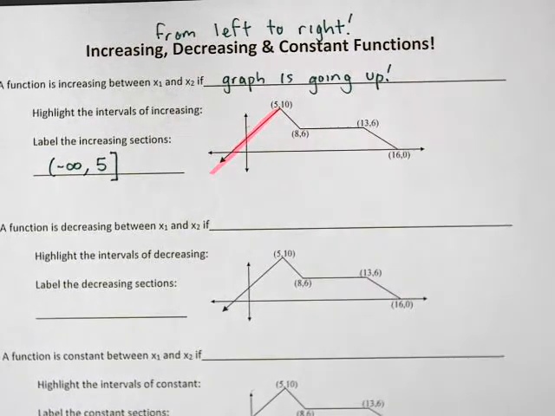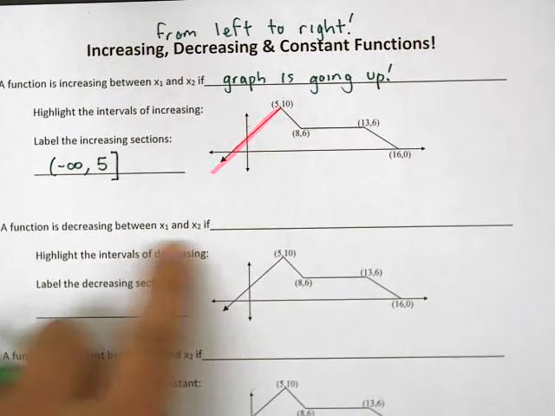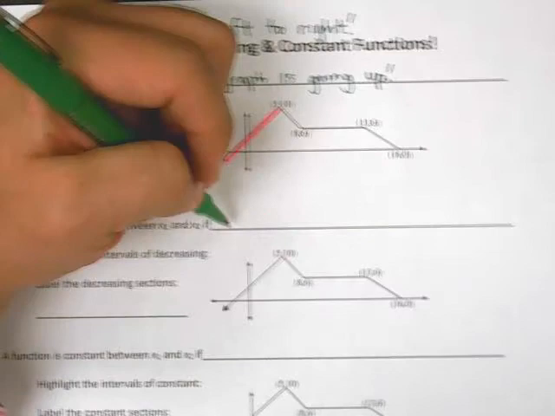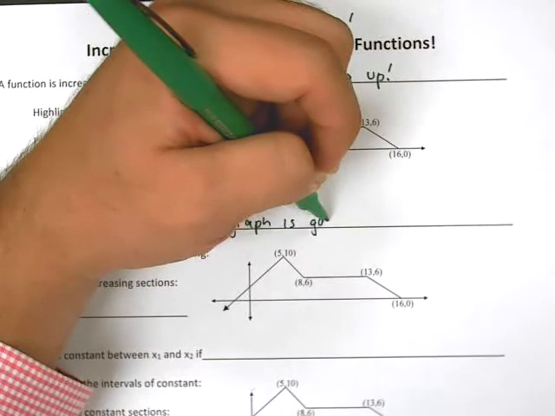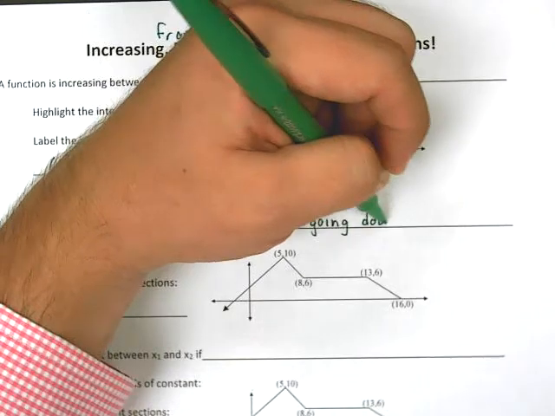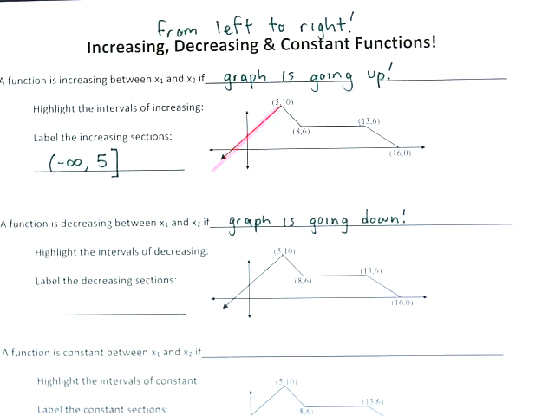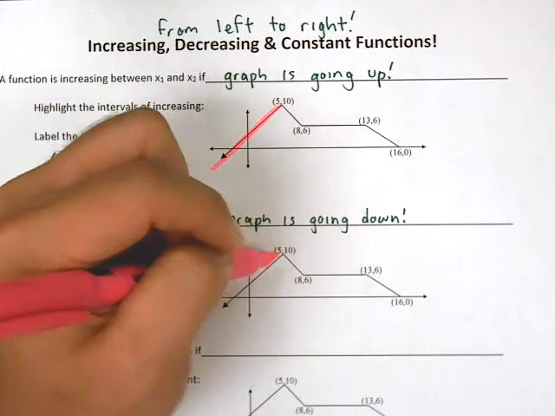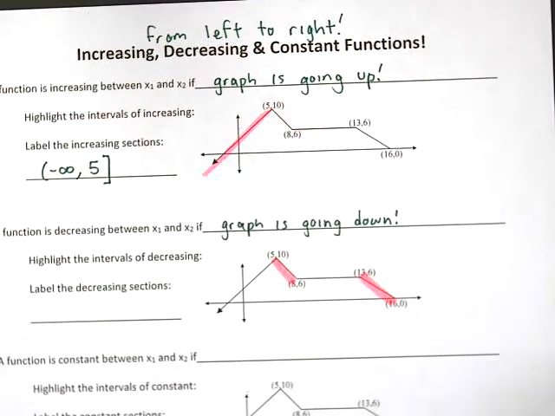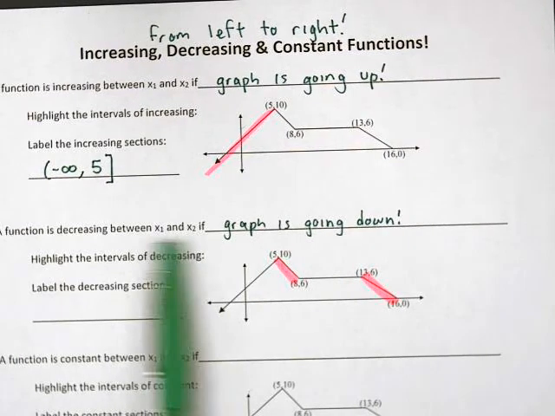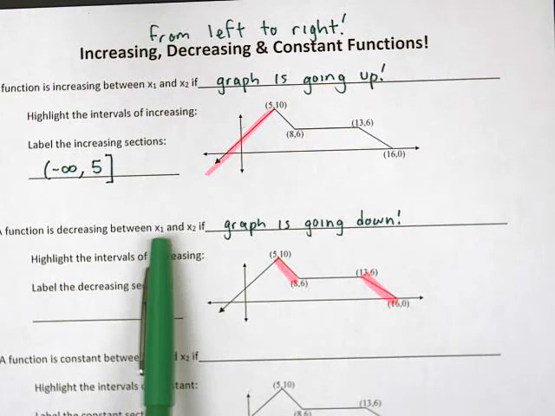All right, so now, if we're talking about decreasing, well, if increasing is going up, then hopefully we know the graph is going down. Not too bad. So when we take a look, I'm going to highlight, my graph is definitely going down here and here. I need to describe those sections of the graph, and remember, I'm worrying about x values. So this is almost like domain.